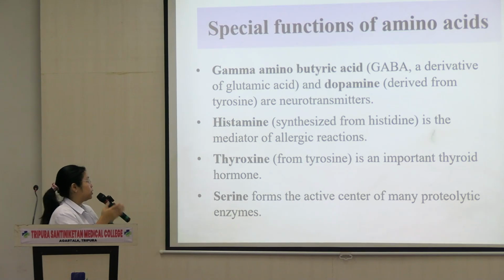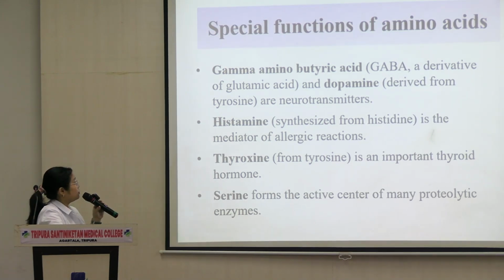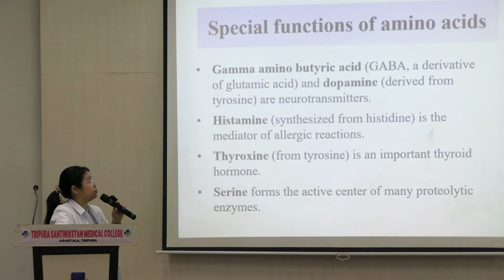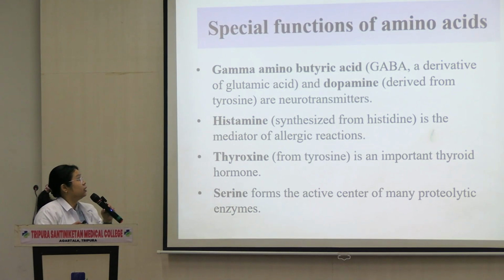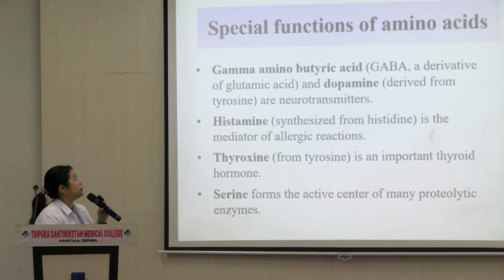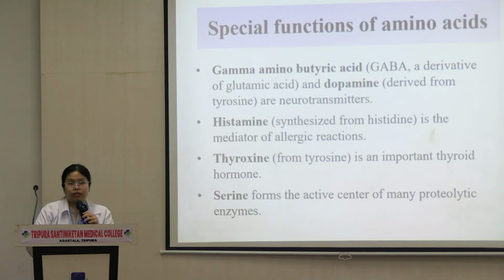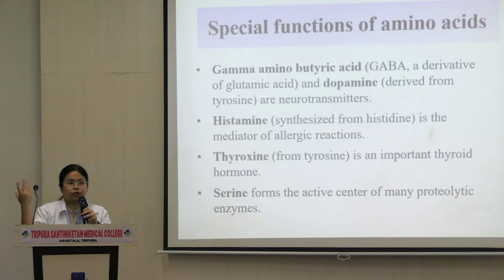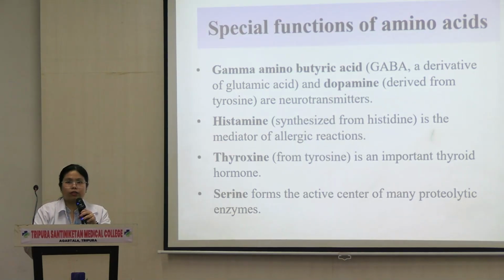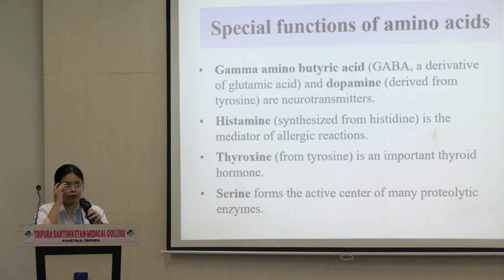For example, we have gamma-aminobutyric acid, GABA, and dopamine. GABA is derived from glutamic acid and dopamine from tyrosine. They act as neurotransmitters in the body. Neurotransmitters help in transmission of signals from one brain cell to another.